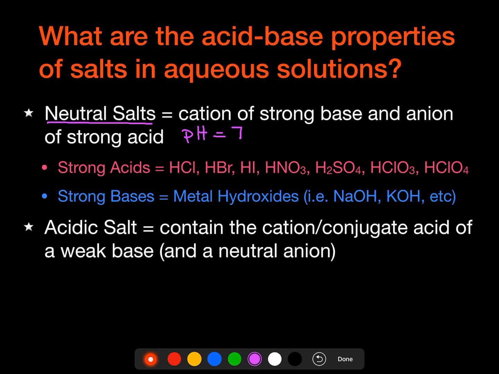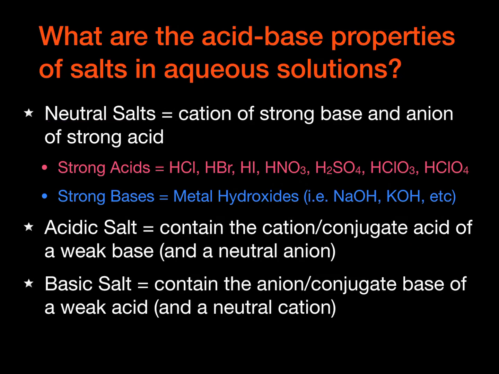We have an acidic salt, and that's going to have a pH less than 7. That's going to contain a cation, or a conjugate acid of a weak base, and a neutral anion, because that's going to make just that conjugate acid contribute to the pH.